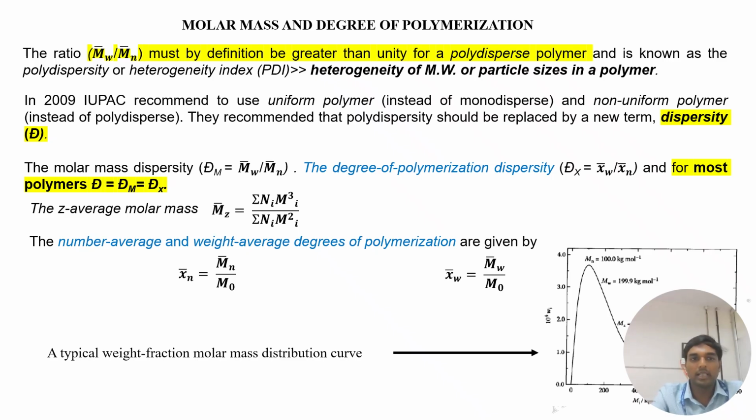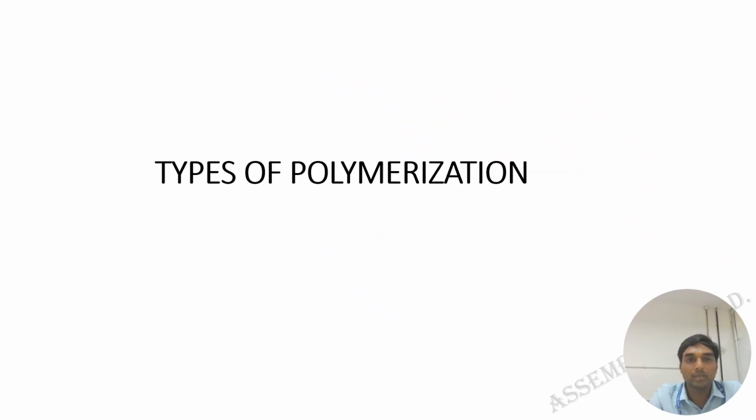If you plot the molecular weight distribution, you can see the weight average molecular weight is always higher than the number average molecular weight. But for the number average, more molecules are involved. So that's the kind of information.